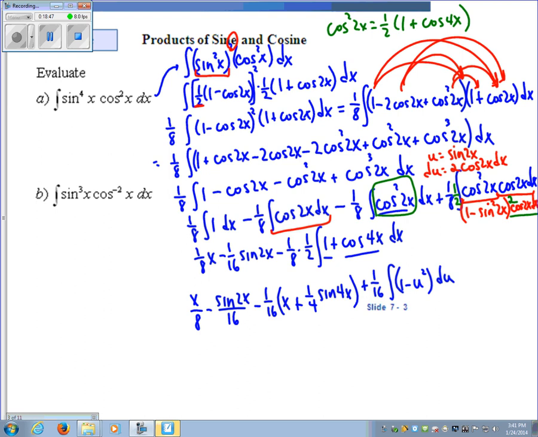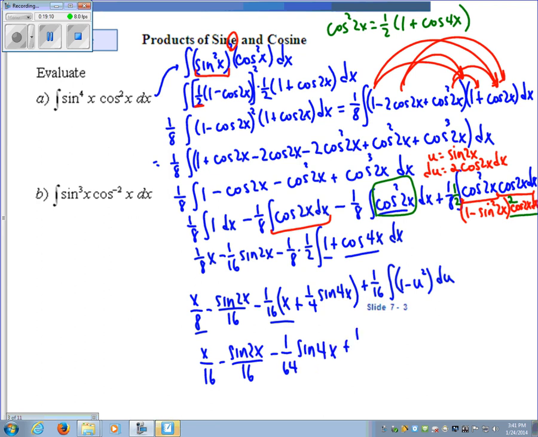Almost there. So I'm going to go ahead and combine this negative 1/16 x with the x over 8, which is 2/16. So I'm going to end up with an x over 16 minus sine of 2x over 16. And then I'm going to have minus 1 over 64 sine of 4x.